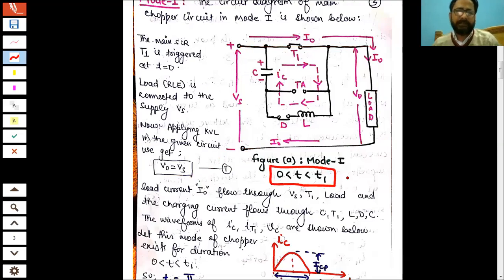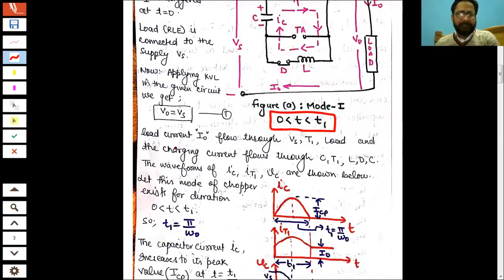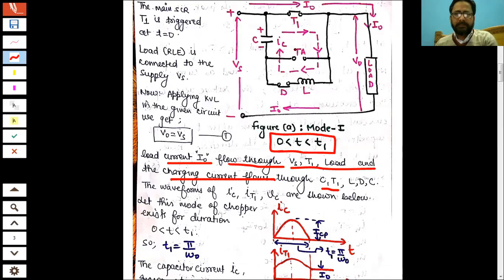T1 is some arbitrary time for which the main SCR is on. This is the turn on time of the main SCR, right? So I have written all the points here. Load current I0 flows through Vs, T1 and all this. The capacitor current flows through C, T, L and D and back to C, right?